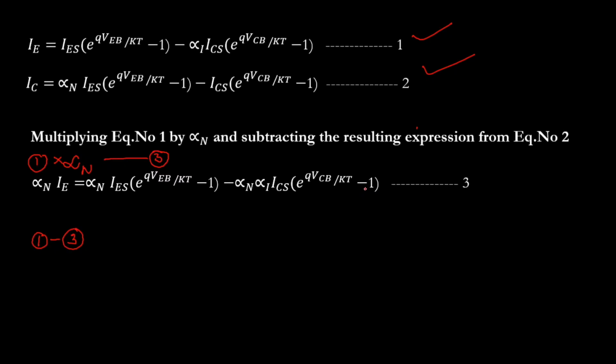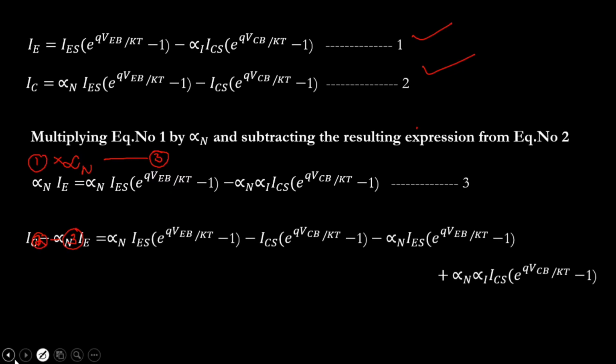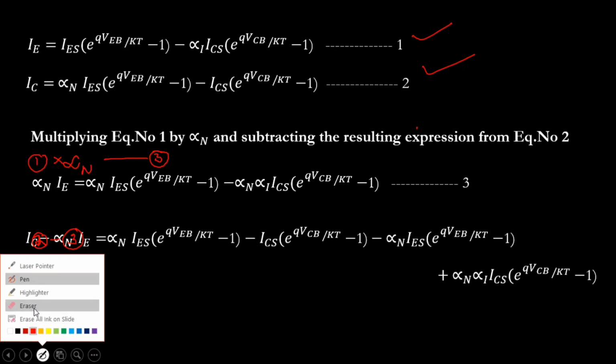Okay, third equation. Next I am going to subtract this equation number 3 from equation number 2, not 1, equation number 2. If I do that, I'll get it like this.